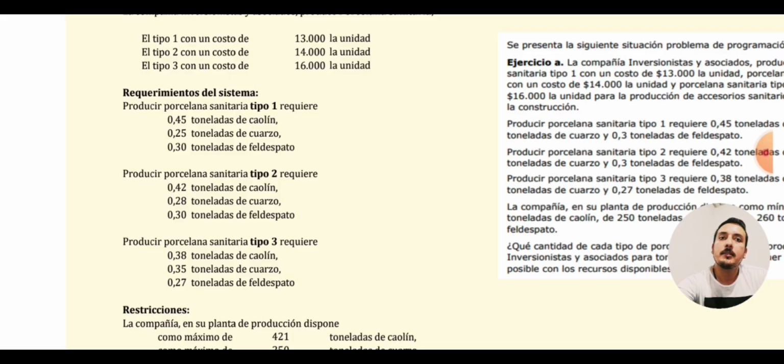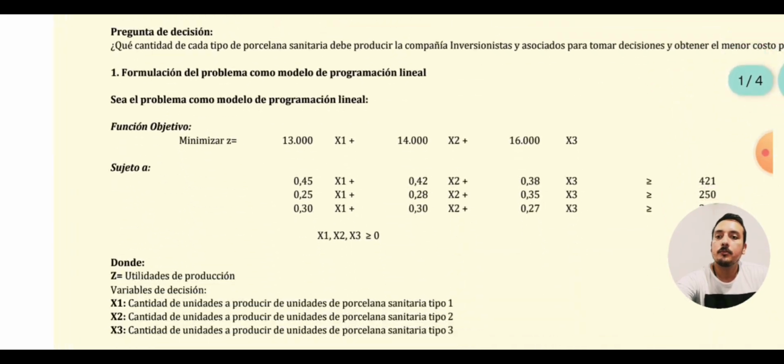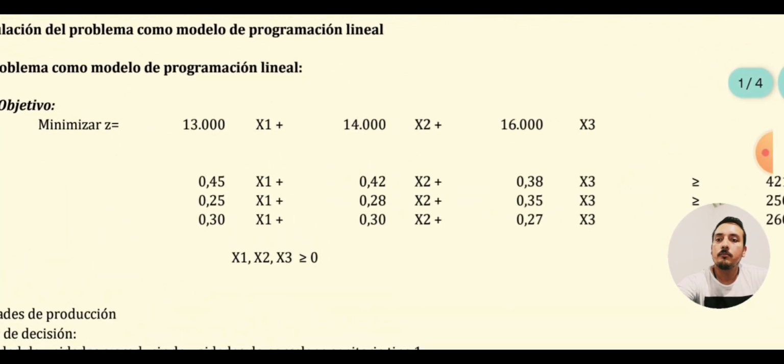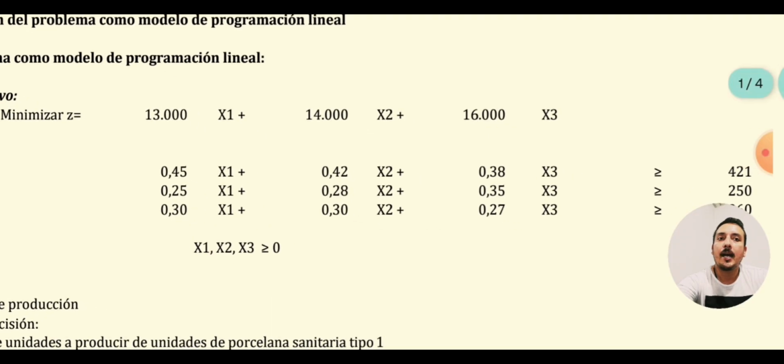Here the variables have been identified in order: x1, x2, and x3, which is equal to the maximum for kaolin at $421, for quartz at $250, and for feldspar at $260.